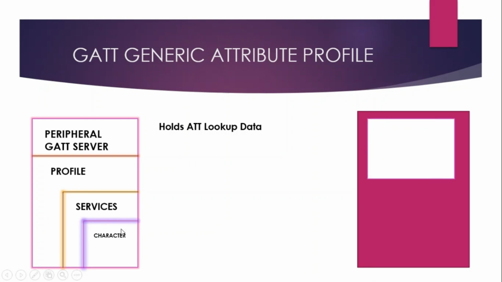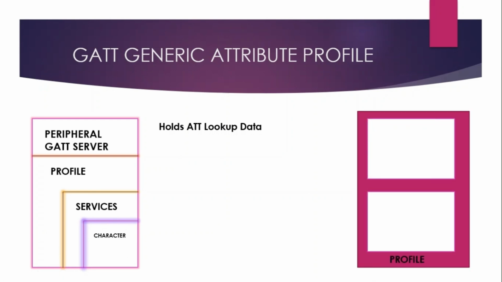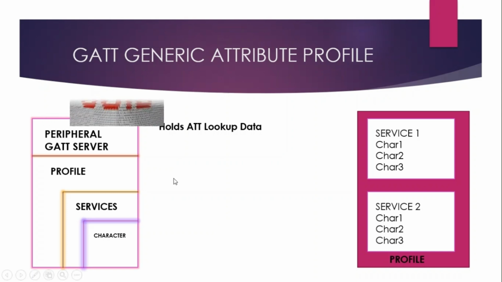Let me show you this diagram so it's easy to understand. You can think of this red color box as a profile, and each profile can have multiple services: service 1, service 2, service 3, and each service will have its own characteristics: characteristic 1, characteristic 2, characteristic 3, like that. I hope you are getting some idea.